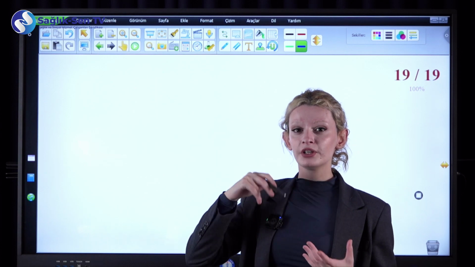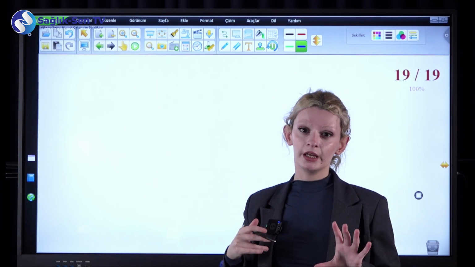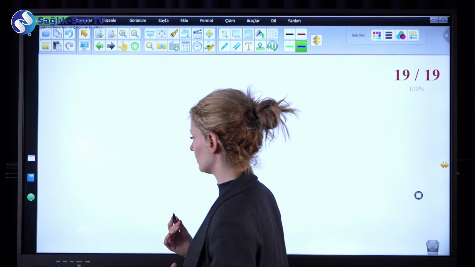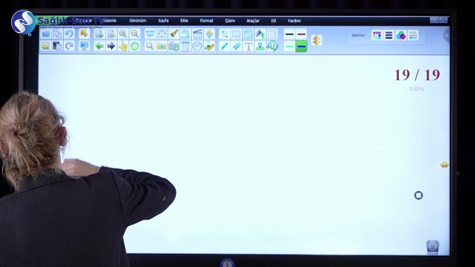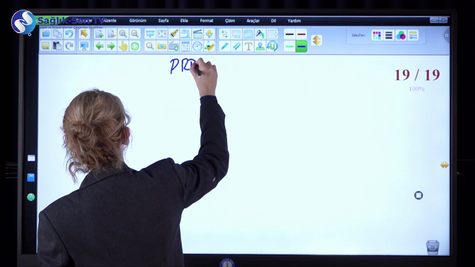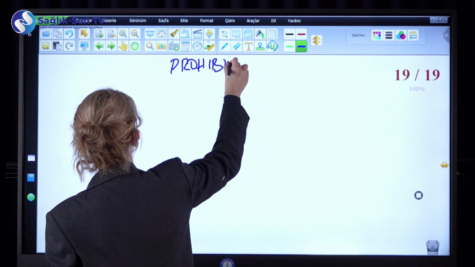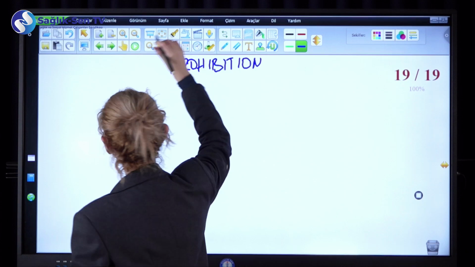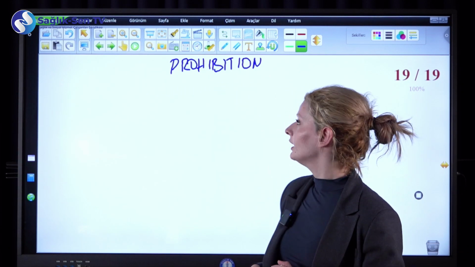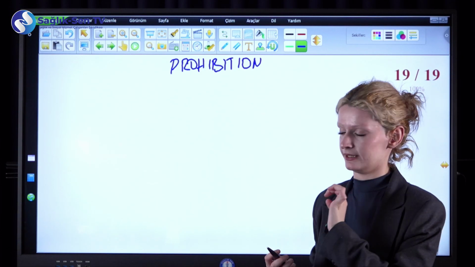Now we have the negative forms of these obligation modal verbs. We're going to talk about them. But first, let's talk about prohibition, which consists of mustn't and can't.